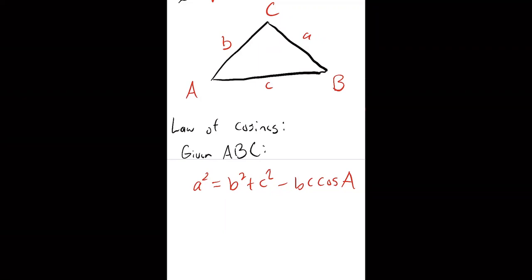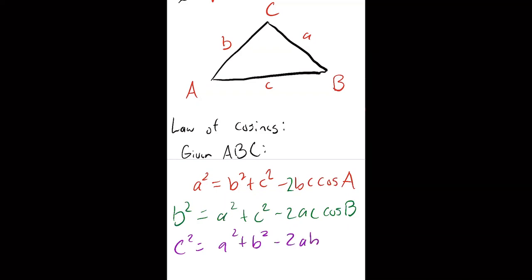So b squared is equal to a squared plus c squared minus 2ac times cosine of B. And the last one we have is c squared is equal to a squared plus b squared minus 2ab times cosine of C.